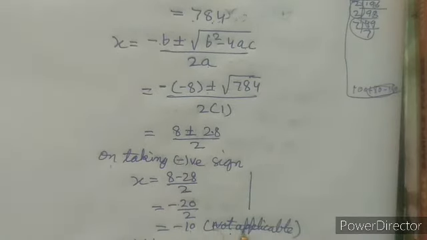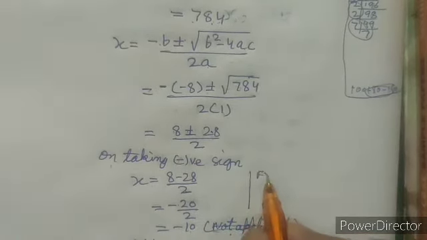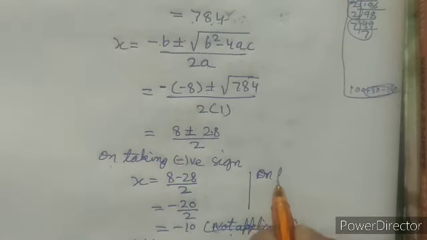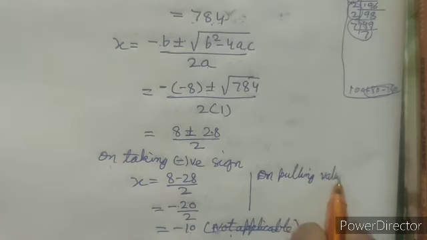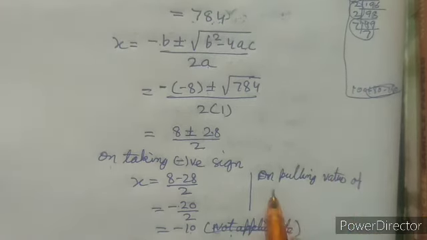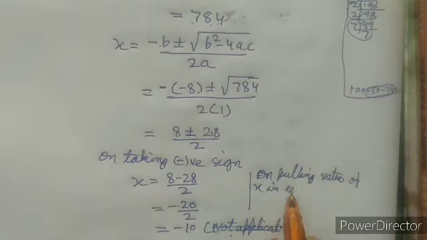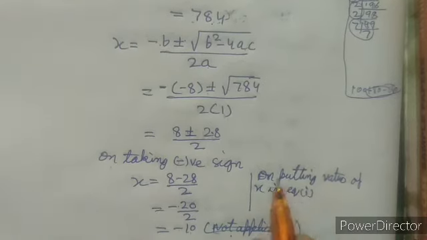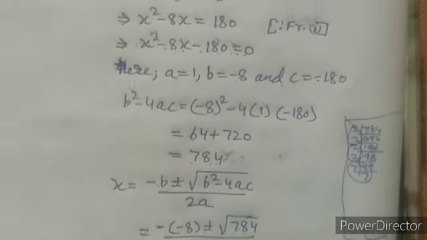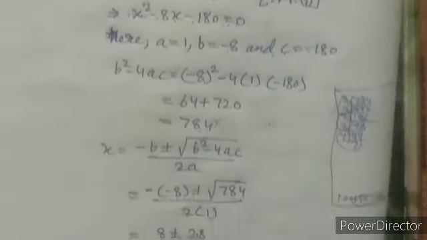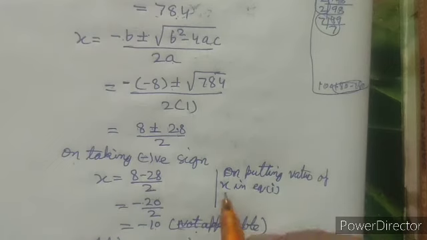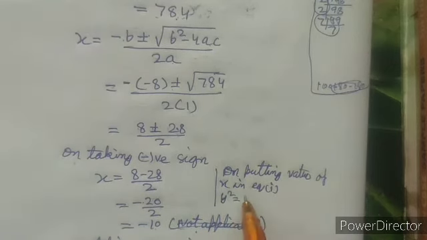Now we put the value of x in equation first. Here y square was equal to 8x, so y square is equal to 8 into minus 10, that equals minus 80.